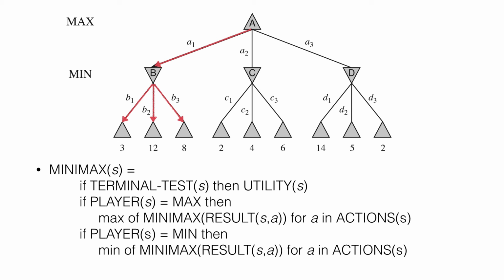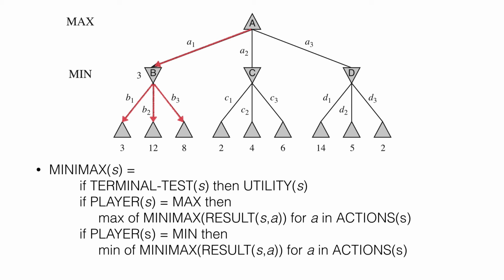And each time it tries those, it's going to hit the terminal test. It's going to hit the base case of our recursion, and so it's going to return the utility score for the resulting states, which will be 3, 12, and 8. And because it's the min player's turn, because it's moving from state B as the min player, it's going to choose the minimum value of that, which is 3. Okay, so we get 3 at state B.